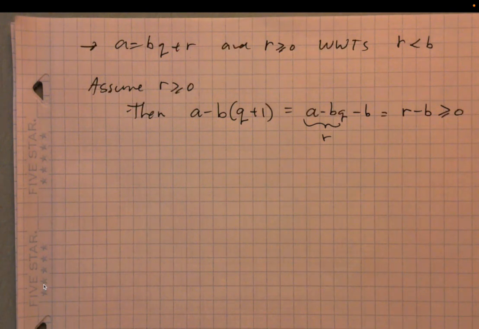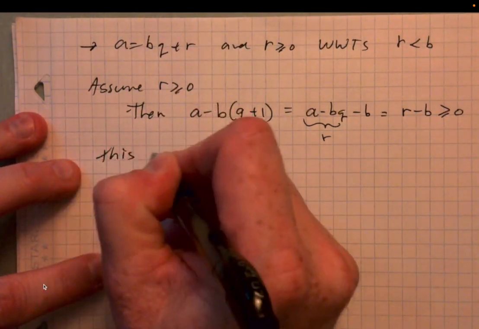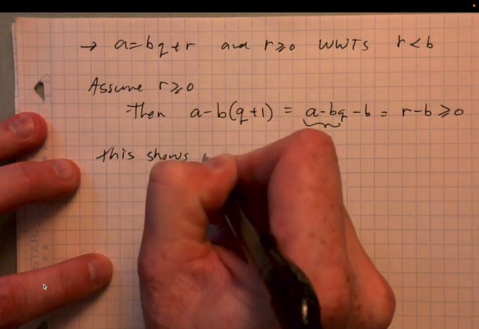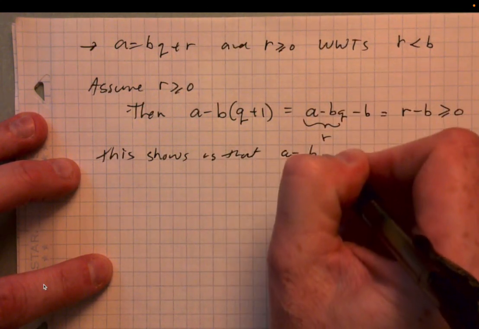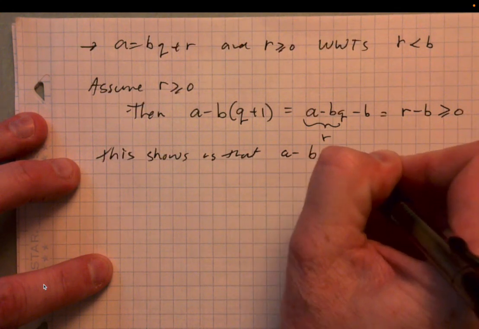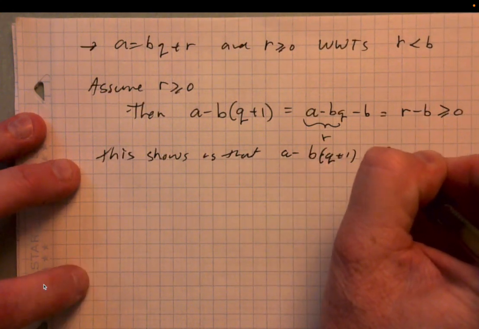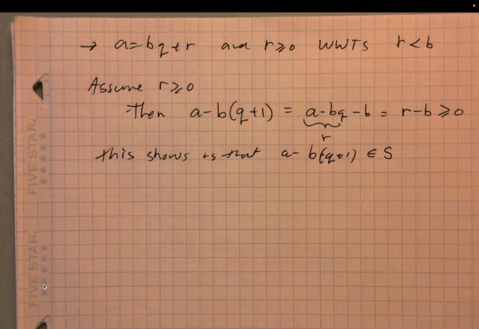And so what does this show us? This shows us that A minus B times Q plus 1 must be an element of S. It's one of those remainders, isn't it?